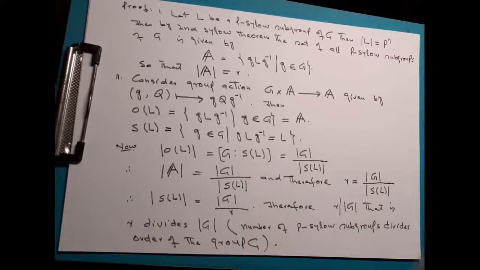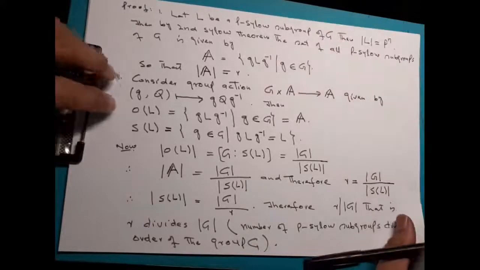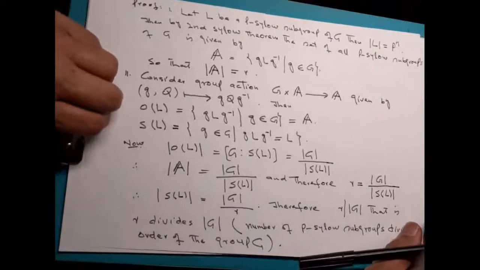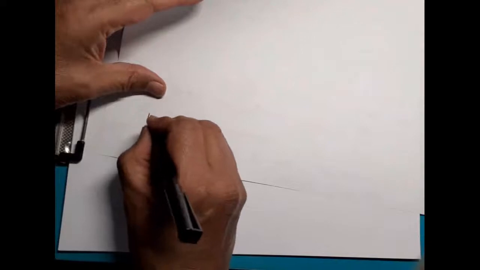So this completes the first part of the theorem, that is the third Sylow theorem, which says that the number of p-Sylow subgroups divides the order of the group. Now we come to the second part, and the second part is about the number of p-Sylow subgroups.